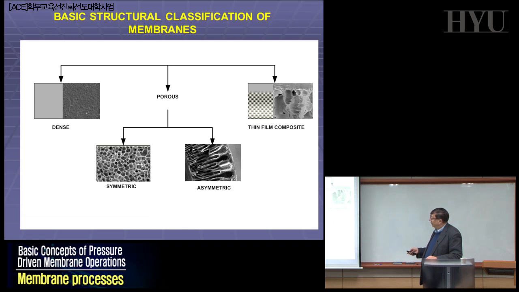One day, somebody was able to realize a membrane where thickness was always 100, 200 microns. But most of the thickness was very porous material. And only a small thickness on the surface, of the order of 1 or 2 microns, was very dense.